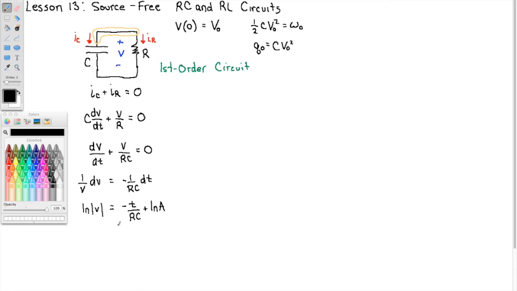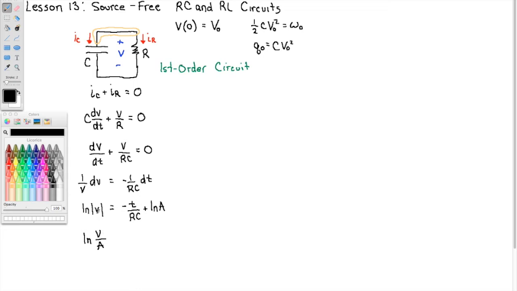If a is a constant, then the natural log of a is still a constant. All right, now if I rearrange this a little bit, use the property of logs actually. So if I subtract the natural log of a to the other side and use the property of the natural log, then I've got the natural log of V over A, right?